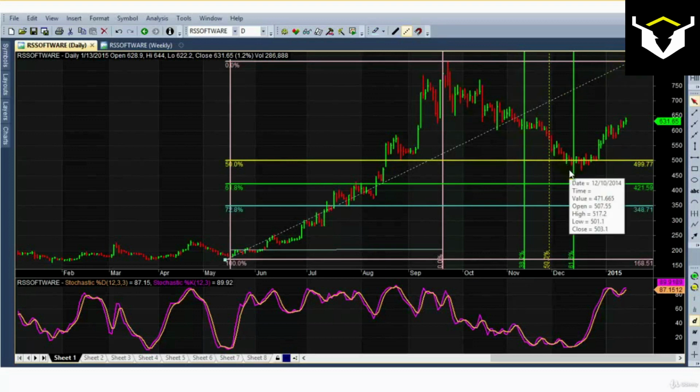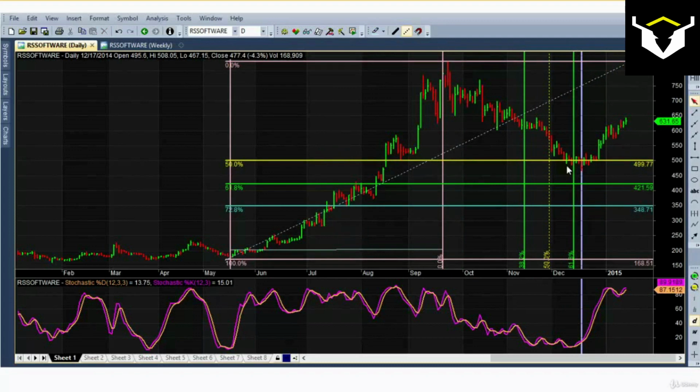You can see prices hit 50% on this day and then started trading in a range around it, finally making a low within 3 bars of our 61.8% time retracement value. Isn't that powerful? Prices make a low at 50% price retracement and 61.8% time retracement.